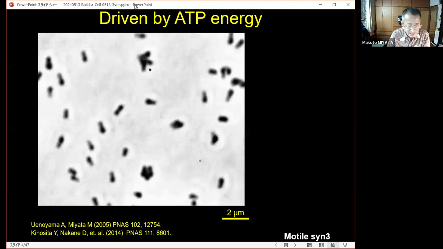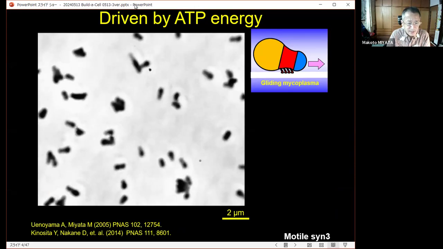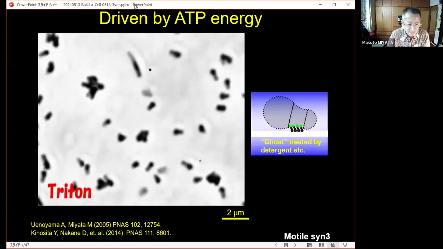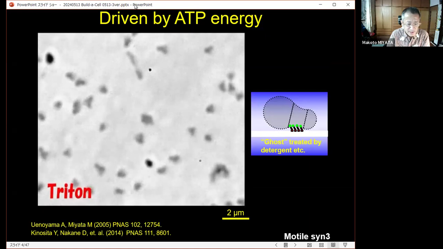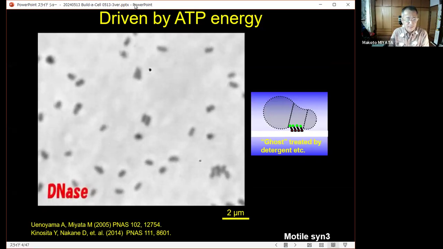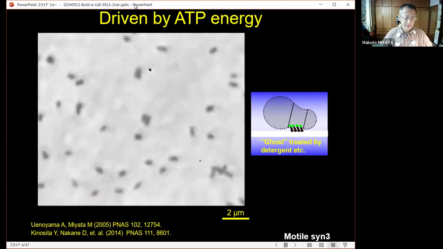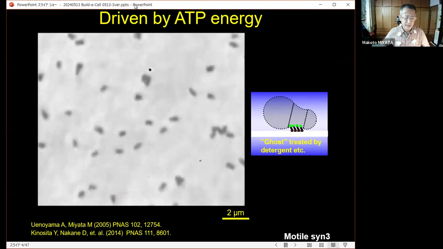identifying the direct energy source of this motility. Here, they are gliding normally. Then we damage the cell membrane by using Triton. Immediately Triton stopped all cells, keeping the cells on the glass surface. Then we removed the DNA and the RNA, because nucleic acids sometimes work like strings and inhibit motility.